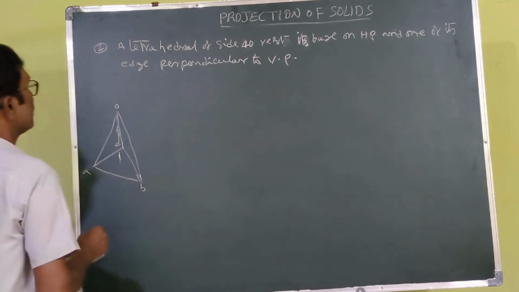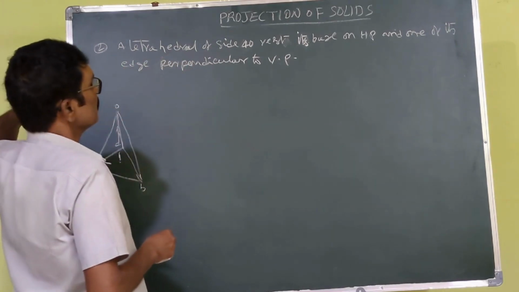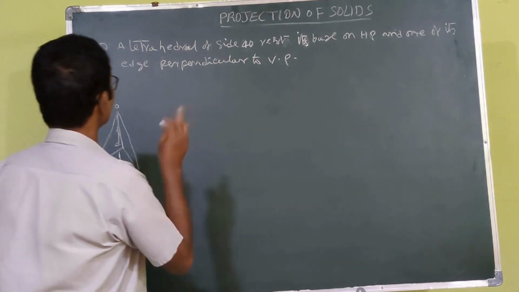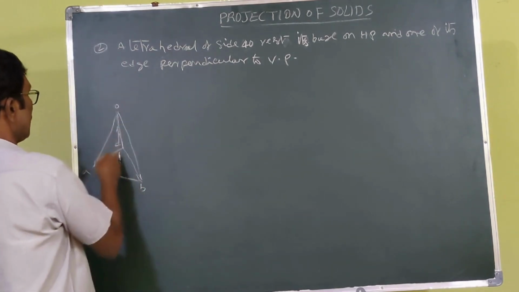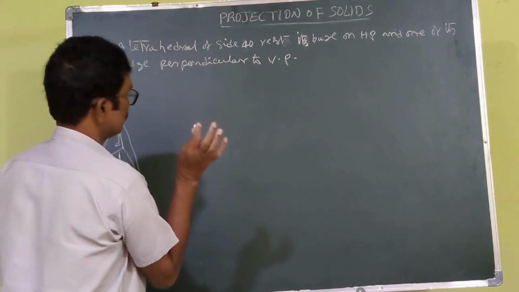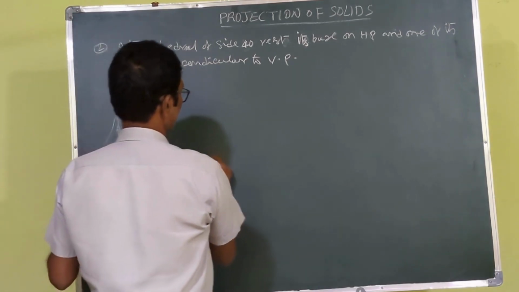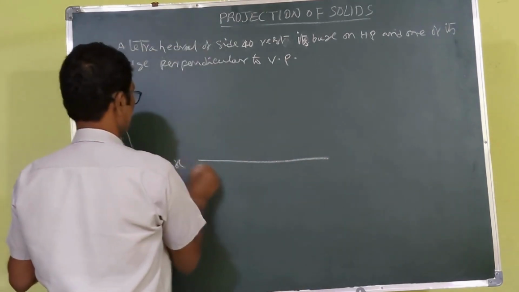This is to be constructed in the position of base in HP and one of its edges perpendicular to VP. First you draw the XY line.